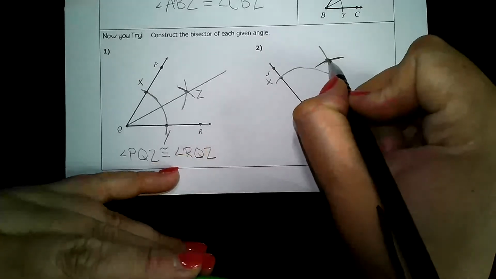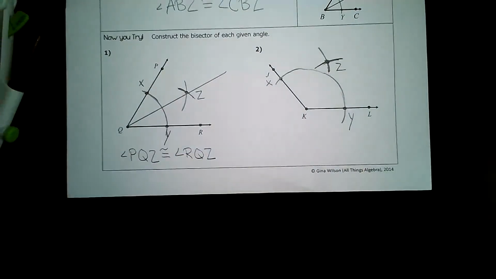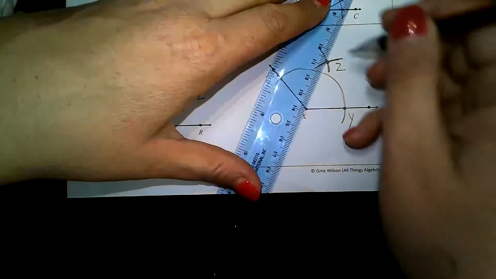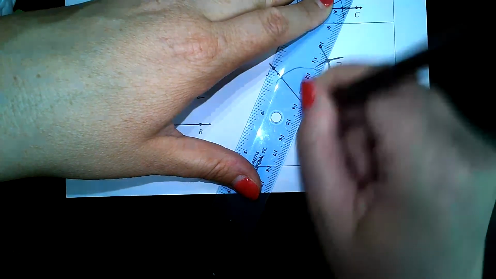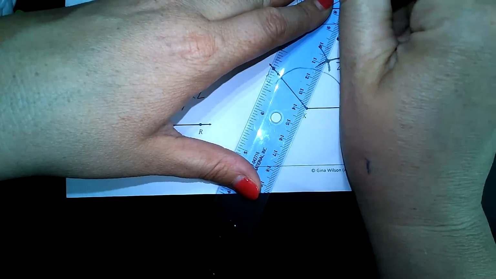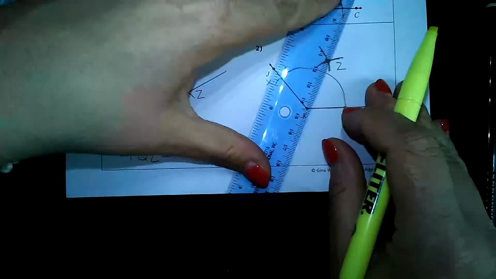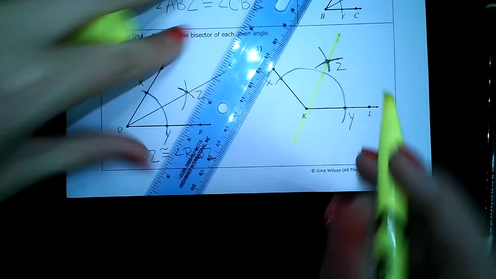Label that intersection point Z. When you connect the vertex to the intersection point, it should build an angle bisector. The pencil stopped working. Try over here. Should build an angle bisector if you have a pencil that works.